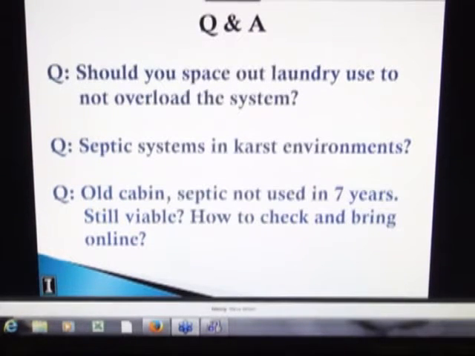So as far as septic systems in karst environments, I think I mentioned this before, but karst is like caves and sinkholes, water-broken-down rock that's very fractured and has a lot of conduits through it. They're just not safe.